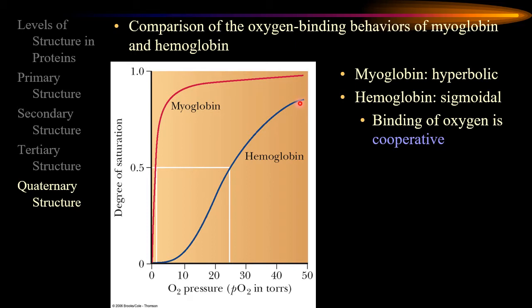You're familiar with the Greek letter sigma, which is equivalent to the letter S in the Roman alphabet. So this curve, in your imagination, should look something like a letter S, hence sigmoidal. The other property is that for hemoglobin, the binding of oxygen is referred to as being cooperative.